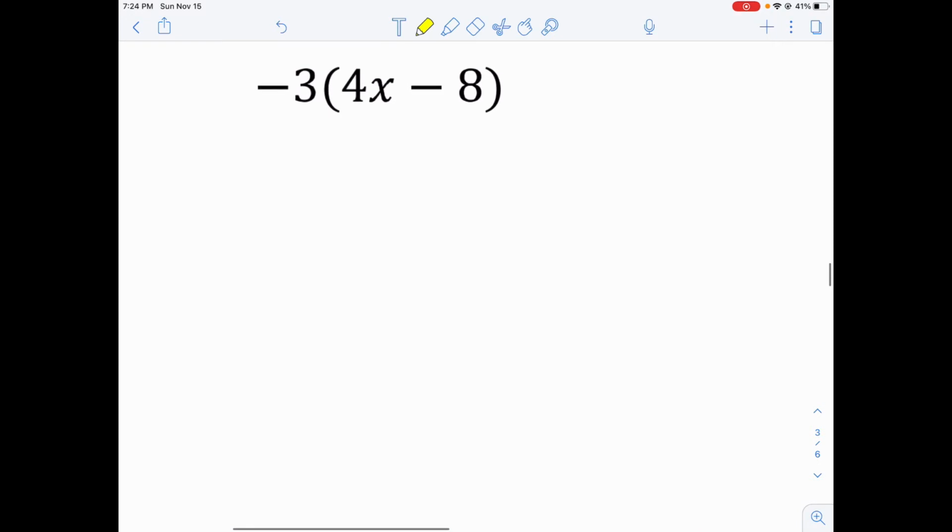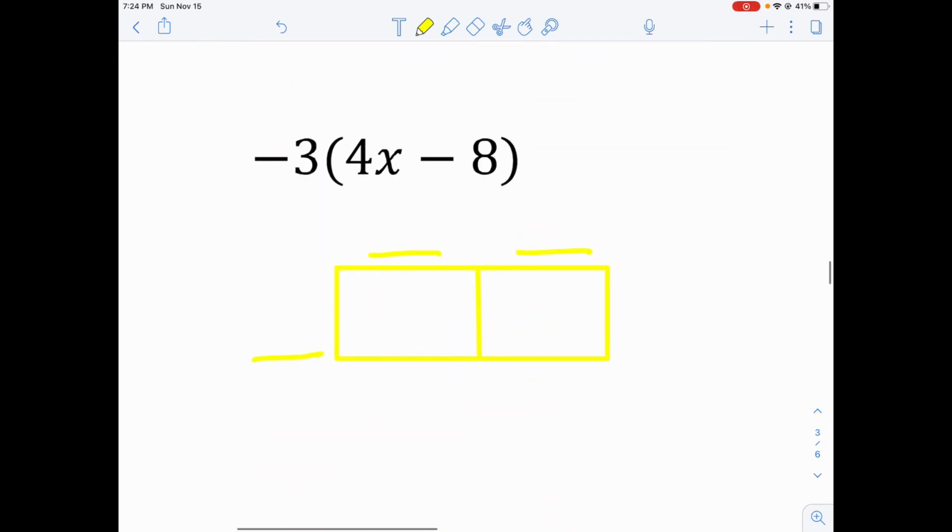Last 2 on this page. Here we go. 2 terms inside the parentheses, so 2 boxes. And now remember I need a number in front, a number above, and a number above. So the number in front of the parentheses is the number that goes in front of the boxes. That's a -3. The first term is what goes above the first box, so 4x.